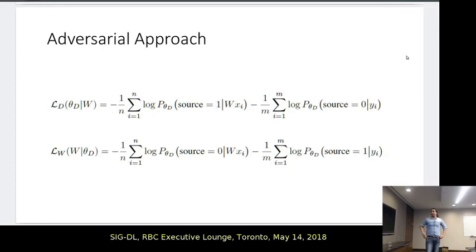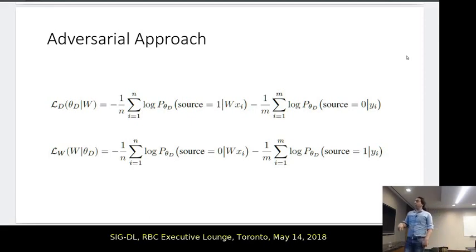I think it's very intuitive. One thing that's noteworthy is that in L_W, you look at the p_theta of the discriminator. You learn W in the process here. You optimize. Yeah, so that's the previous method, right?